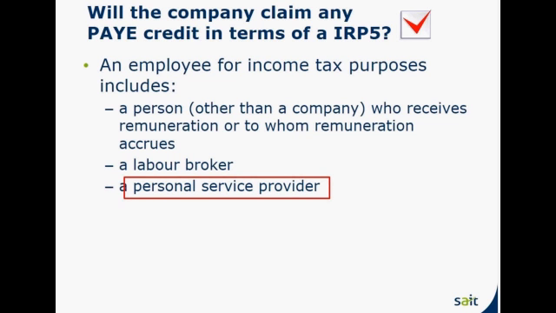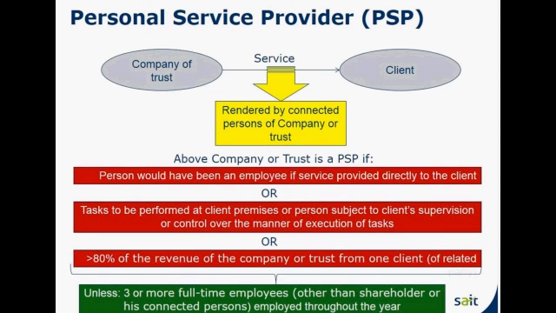Then at the bottom of the slide, it says unless you've got three or more full-time employees, other than the shareholder or its connected persons, employed throughout the year. The wording there, if you look at the legislation, is very similar to 12E when it talks about personal service. So once again, if the company renders the service with three or more full-time employees other than the shareholder or connected person, then you cannot be a personal service provider company.